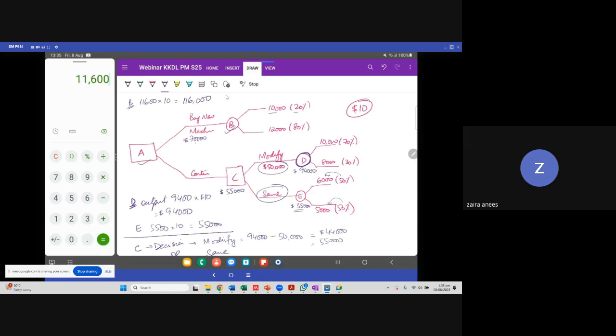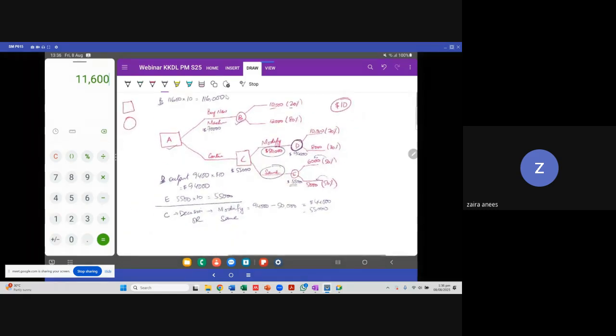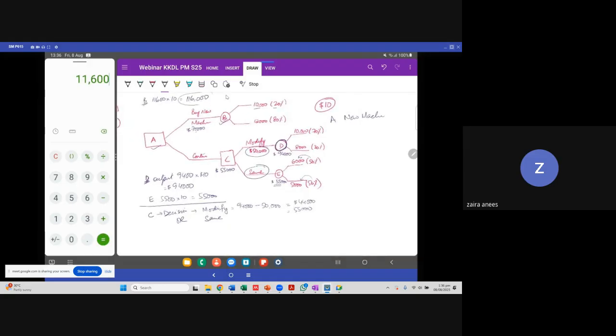So at point A, how you will take the decision? At point A, the first option is to buy new machinery. If you buy the new machinery, the benefit will be around 116,000. But for 116,000, you have to spend 70,000 for machinery.